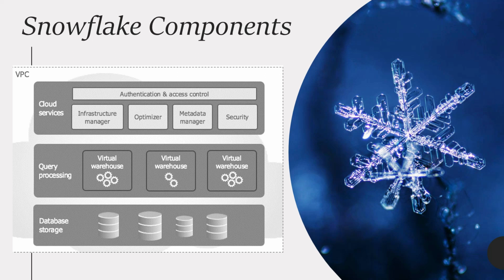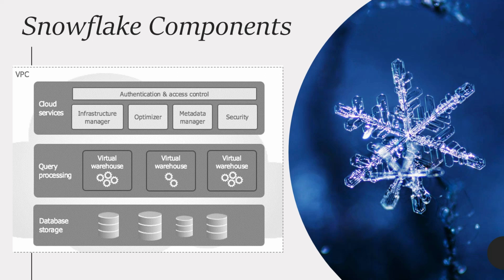The third layer which comes into the picture is the cloud services layer. Practically, these are all services that manage the underlying query processing and database storage: security, metadata, query optimization, infrastructure management. All of these are offered as a service in the cloud services layer, and this layer controls our query processing and database storage layers.